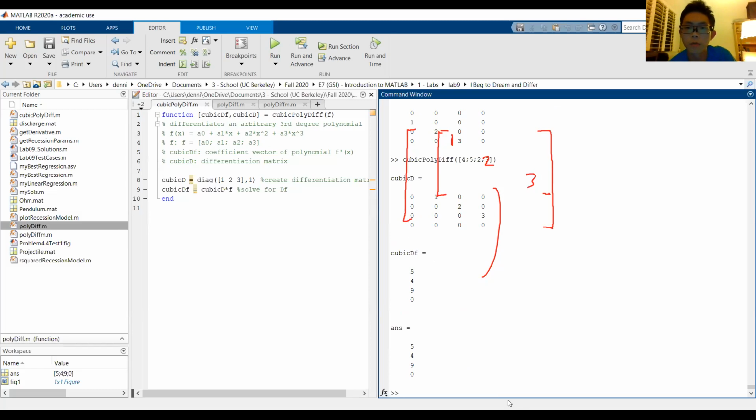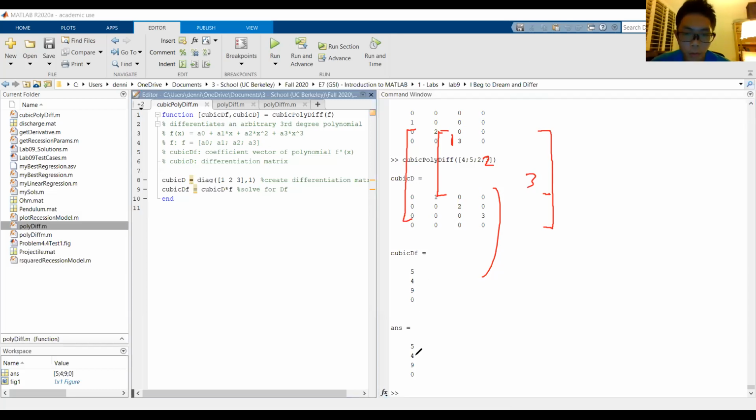5x, 2x squared. Okay, 5x becomes 5, 2x squared becomes 4x, 3x to the power of 3 becomes 9x to the power of 2. That's correct. 4x, 9x to the power of 2. Okay, looks good to me.